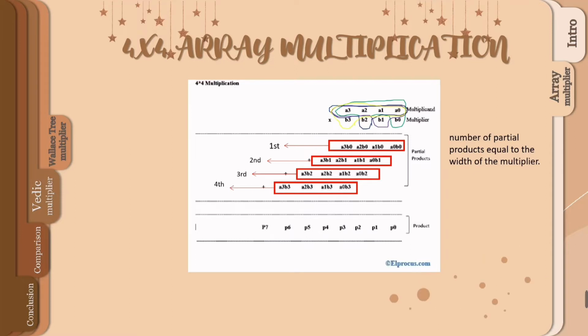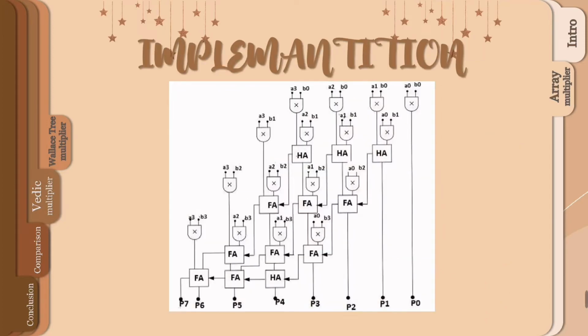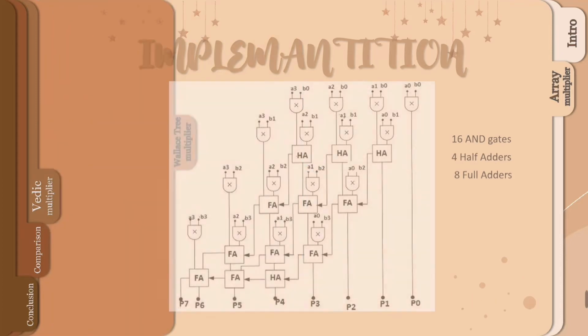So these partial products can be implemented with AND gates. To obtain the final product, elements in columns are added using a half adder for 2 bits and a full adder for 3 bits. Any carries are carried on to the next column. A 4x4 array multiplier needs 16 AND gates, 4 half adders, and 8 full adders.